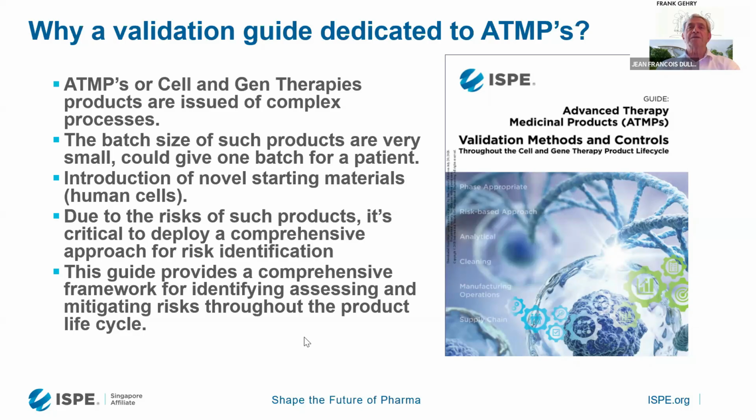At the end, we will understand that for the process validation of such products, we cannot do one validation for one product, but we will have to validate all the steps of the process, and this will not be connected to one product, but to a full process.